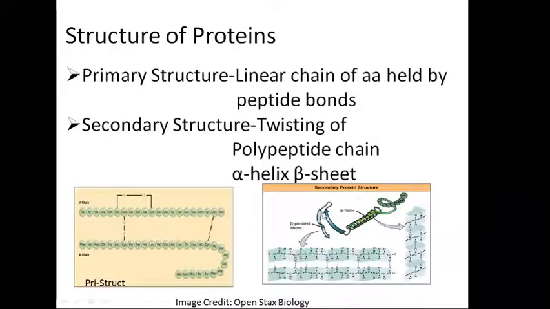The alpha helix is nothing but the twisting of the helix in a right-handed structure. You have the beta sheet wherein the hydrogen bonding is seen between the two strands.